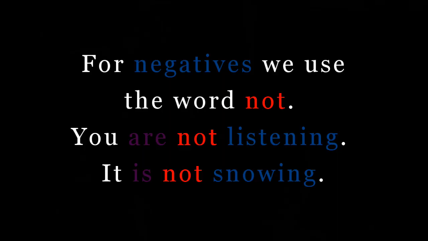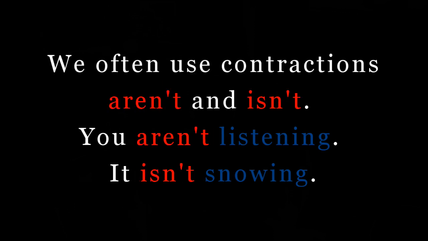Okay. The negatives are also easy. Verneinungen sind auch relativ einfach. And here, all we use is the word not with a statement. So, you are listening, you would put in not. You are not listening. You can always make a contraction with are and not, aren't. Okay, and so you aren't listening.